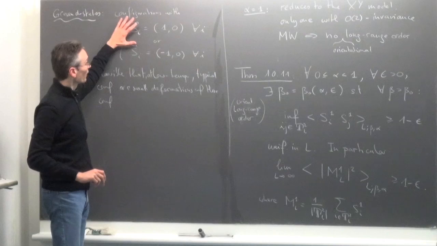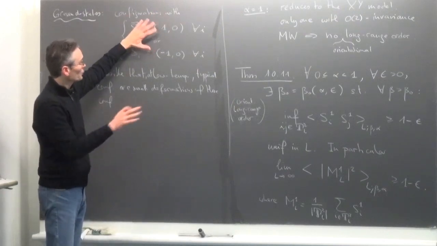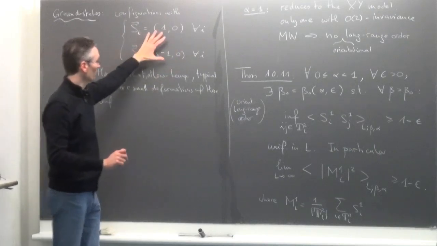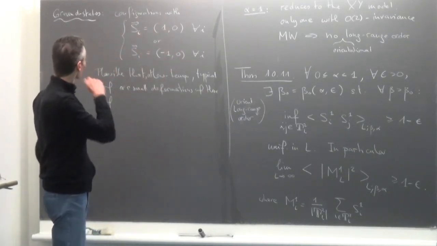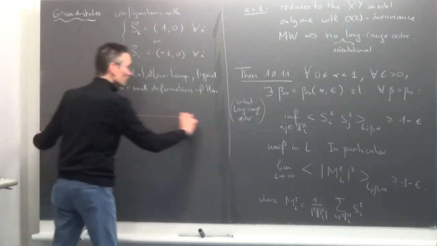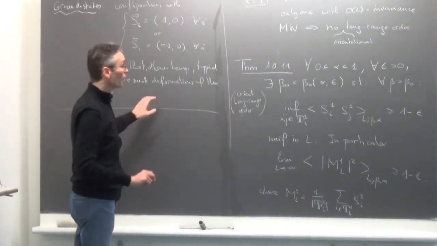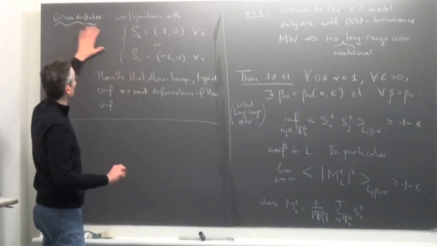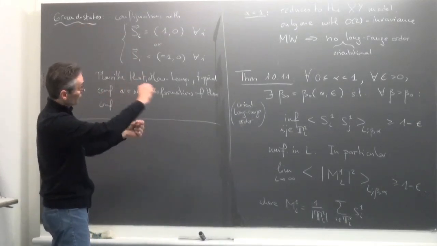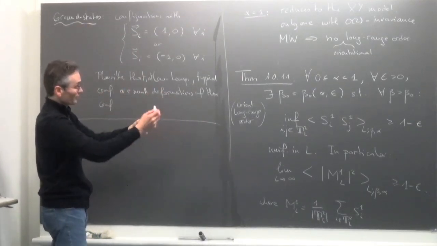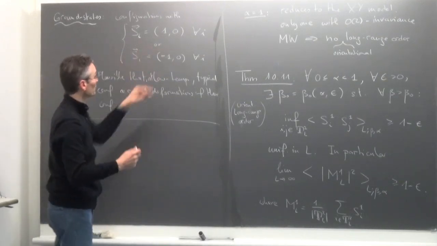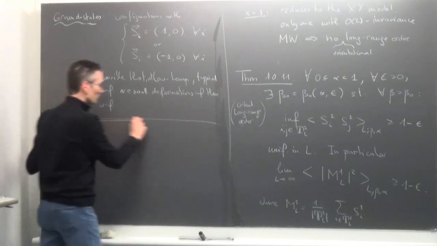Most of the spins will be roughly aligned with the first direction, either most of them pointing rightward or most of them pointing leftward. Okay. That's for the comment, and note that if I take alpha equal to 1, so no anisotropy, this is already not true. The ground states are degenerate. You have a continuum of ground states with the spins perfectly aligned, but in any possible direction, not only in these two directions. So the situation is very different when alpha is equal to 1.